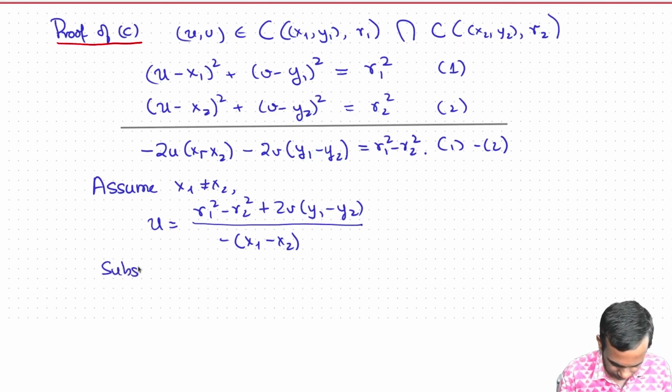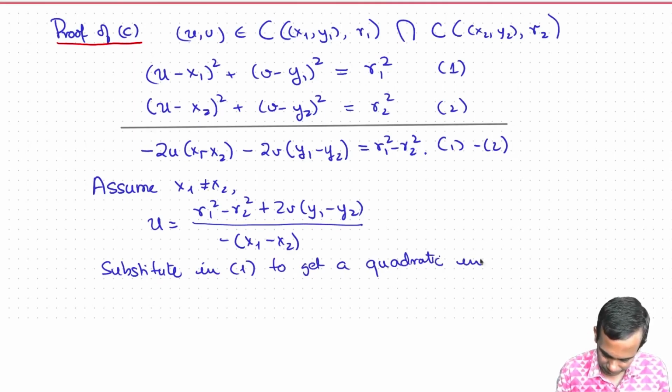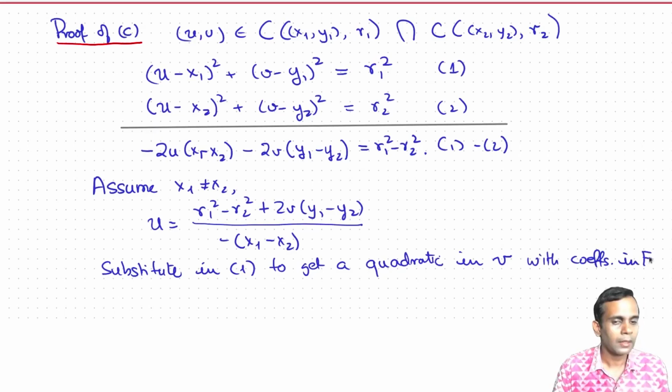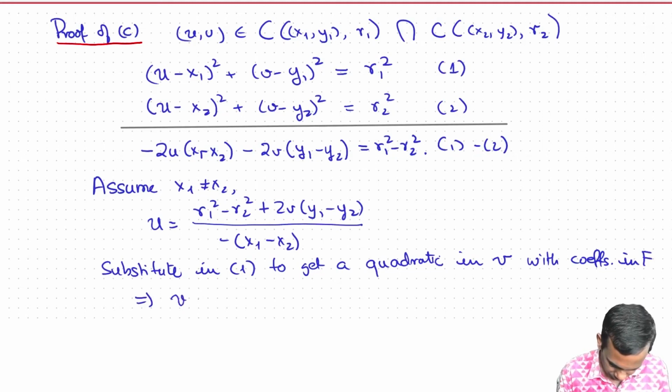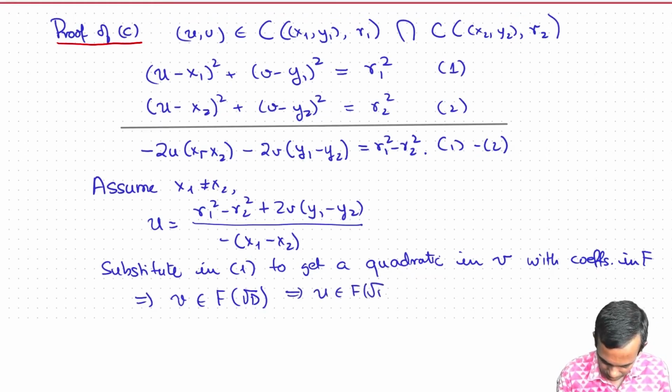So substitute in 1, to get a quadratic equation in v, and with coefficients in F. And so this implies that v belongs to F(square root D), but then u can be recovered from v using this function here, which also implies that u belongs to F(square root D).